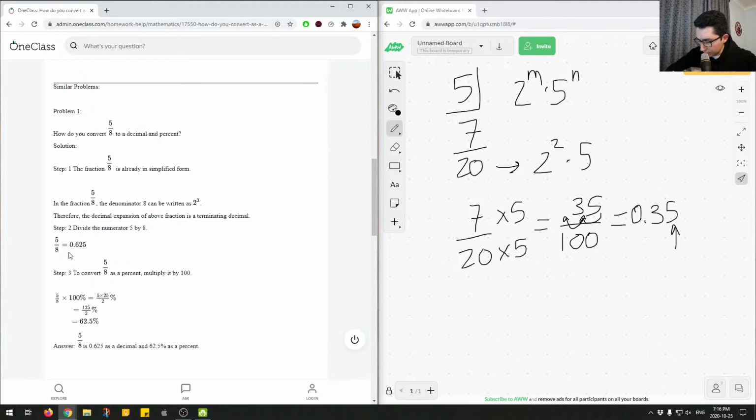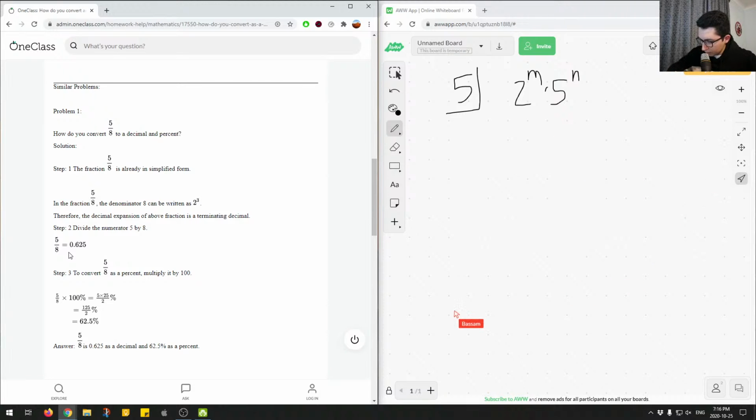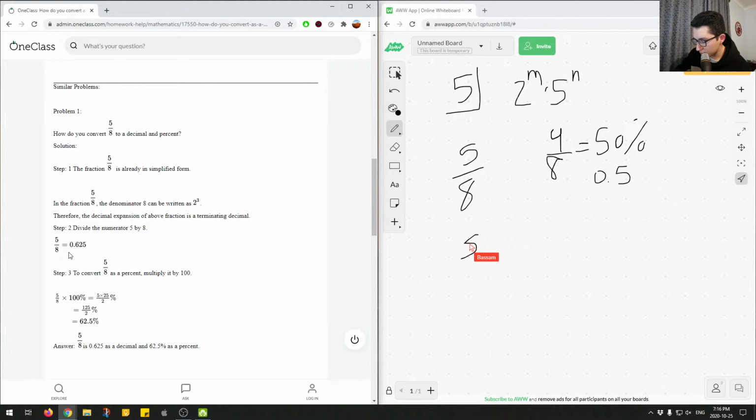So let me clear some space here. If I had 5 over 8, I know right away that 4 over 8 is equal to 50%, or 0.5. That means 5 over 8 should be a little bigger, but not that much bigger.